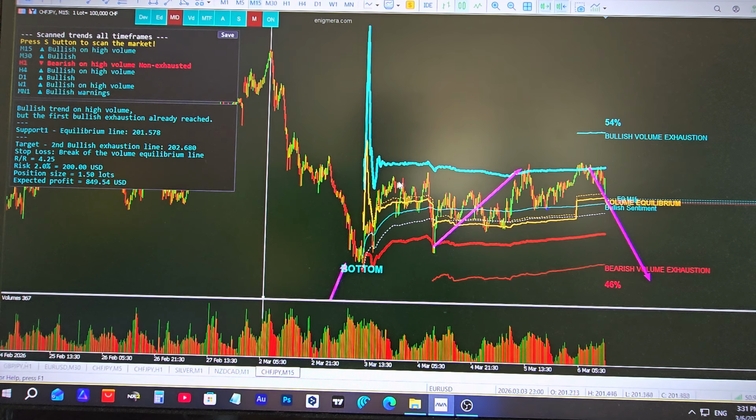If you got volume here, then this is the best setup you can find on the market, because you got a trend with volume inside. The volume is the thing which is the most attractive on the market, because otherwise you have some trend with nothing inside. You don't know what is going on inside. No volume. Volume means interest.